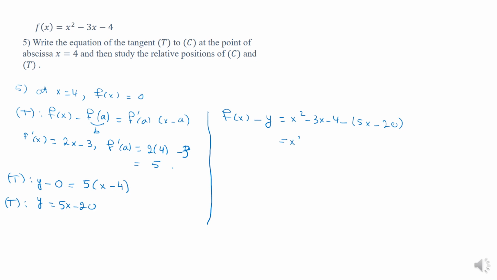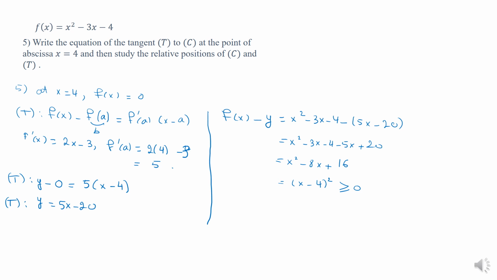So it is x squared minus 3x minus 4 minus 5x plus 20, which is x squared minus 8x plus 16. Now x squared minus 8x plus 16 is (x minus 4) squared, which is greater or equal to 0. So f of x is always above the tangent.